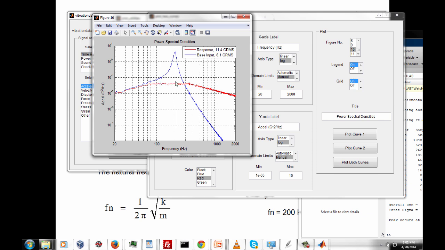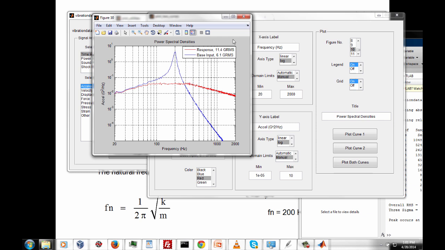And in some sense, our spring mass system is acting like a bandpass filter, in that it amplifies energy about its natural frequency. But then keep in mind it has unity gain at lower frequencies. So in some sense, it's behaving like a bandpass filter, or in other senses, it might be more proper to say it's acting like a low-pass filter.